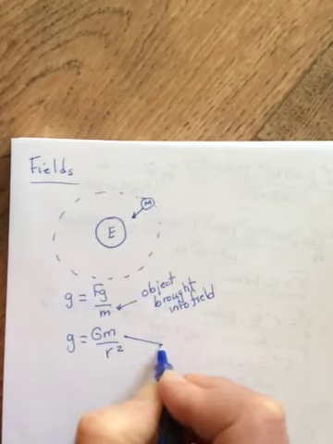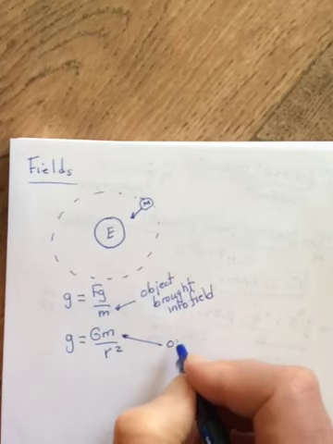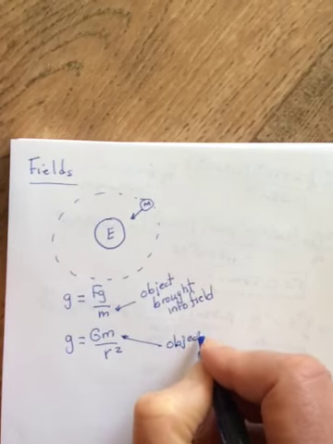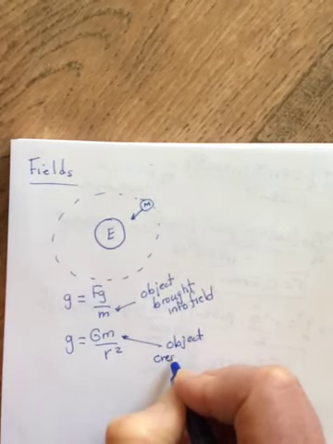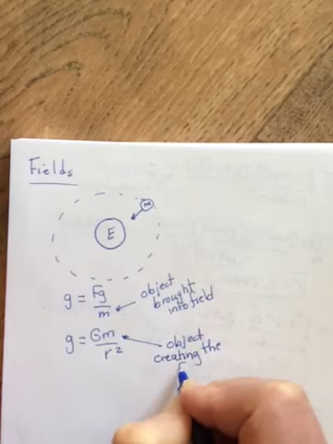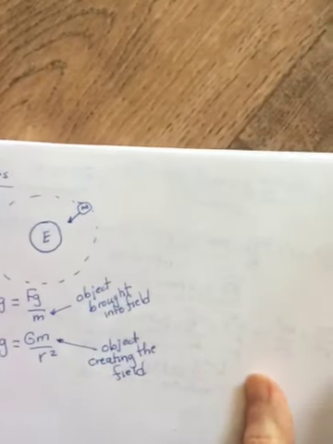This m in this equation is the object creating the field. That's the mass of the Earth in the example here. So it's the object creating the field. Okay?